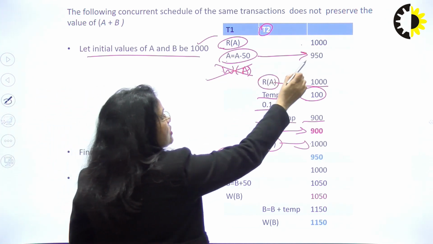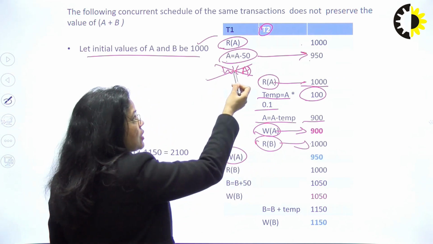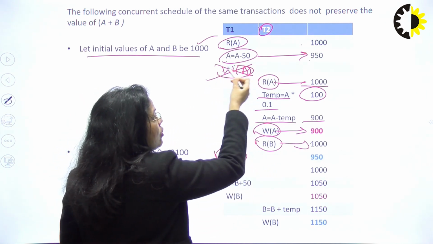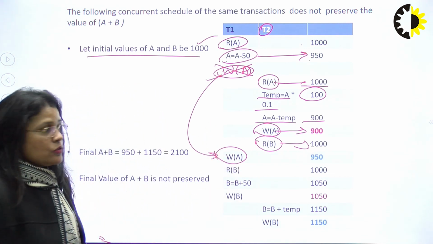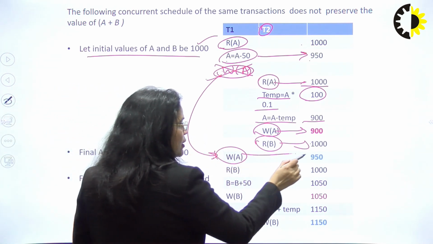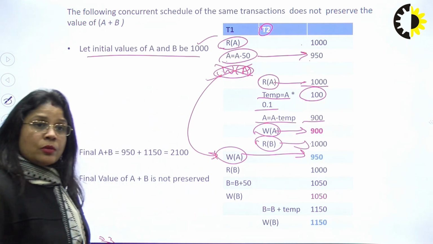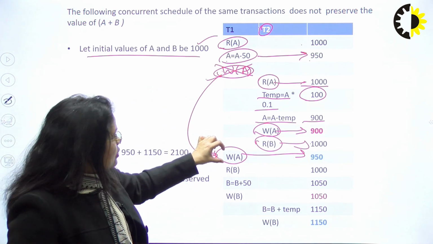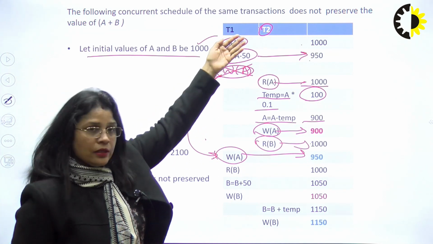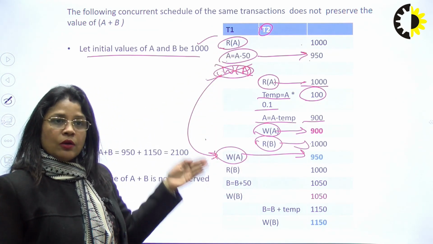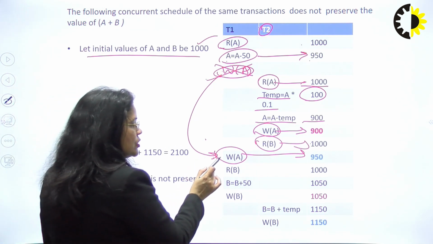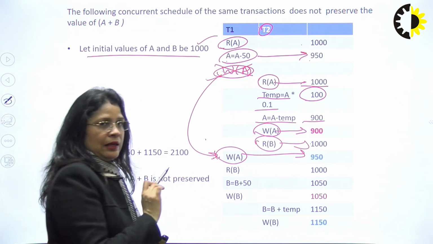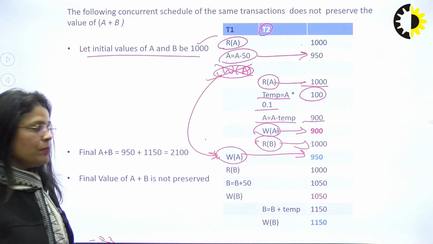As this update is there but not written, that operation is missing here, so it will write 950. So the place of this operation is wrong. It should be here. Then all the operations will go inconsistent.